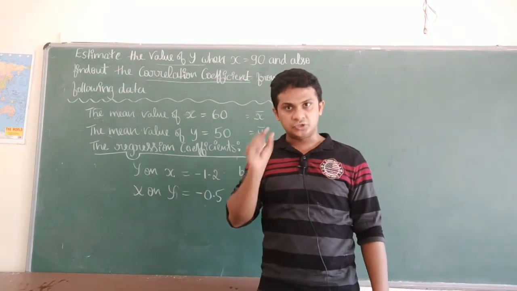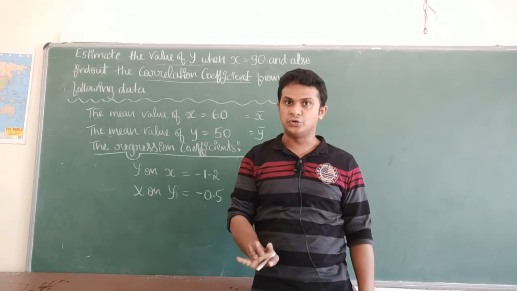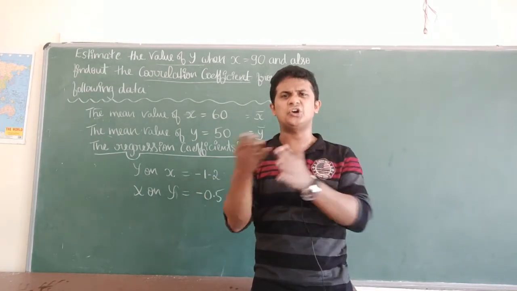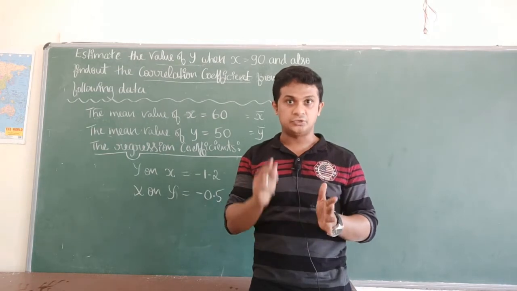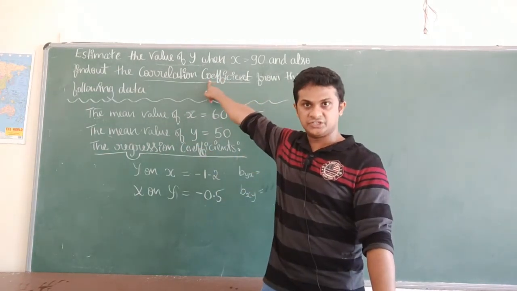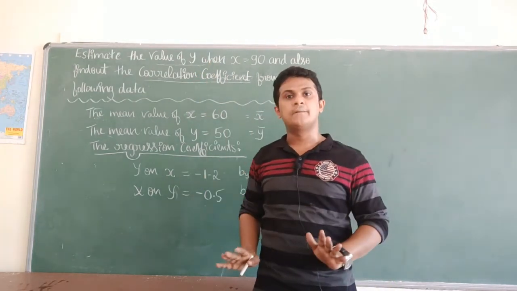We know the geometric mean of the regression coefficients is equal to the correlation coefficient. That is one of the properties of the regression coefficients. Using this property, we can find the value of the correlation coefficient as well. This is how we need to solve today's problem.